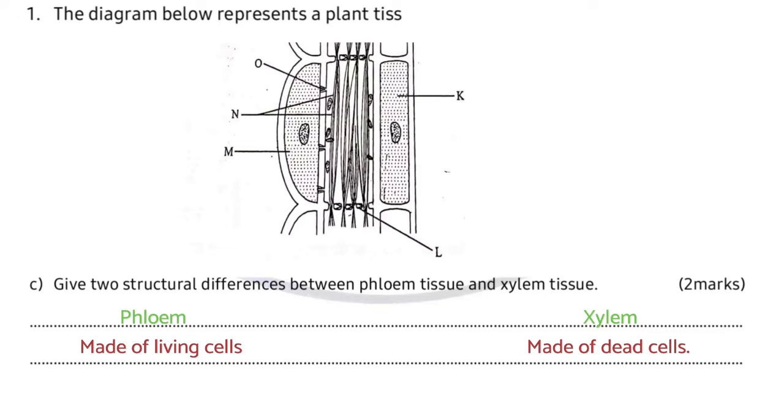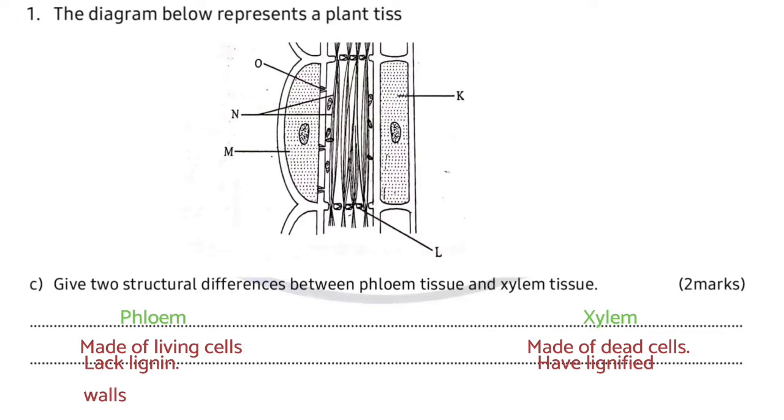Now, another difference between these two is that xylem tissue has walls that consist of lignin. So the walls are said to be lignified. Now, lignin is a complex carbohydrate. It's a polysaccharide, and therefore it's very rigid. So it allows the xylem tissue to provide mechanical support for plants.